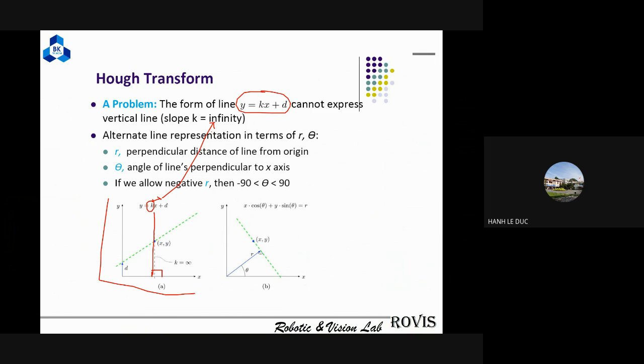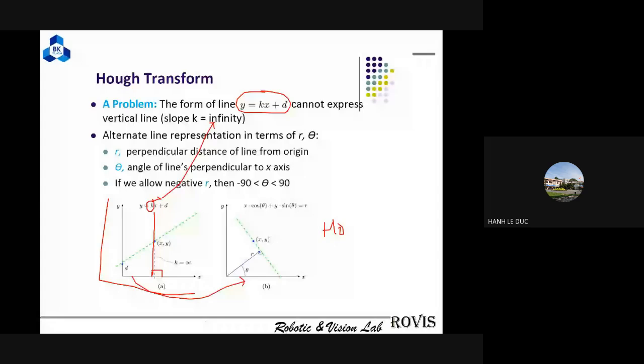So we have to change this form into the Hough space. The Hough space and the parameter space are similar, just a different equation. Here you can see the theta and the r.